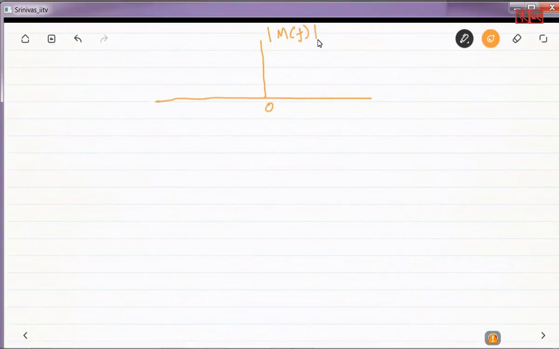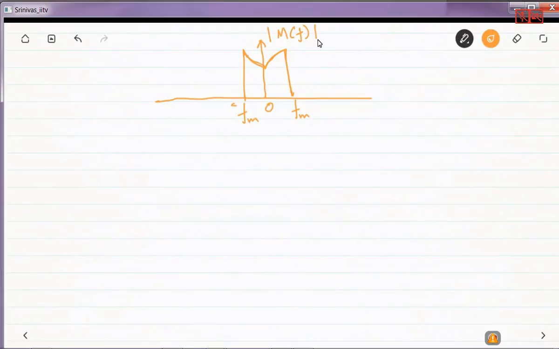This is the magnitude of the Fourier transform of the message signal, let this be something like this. This is FM, minus FM, and this is frequency.